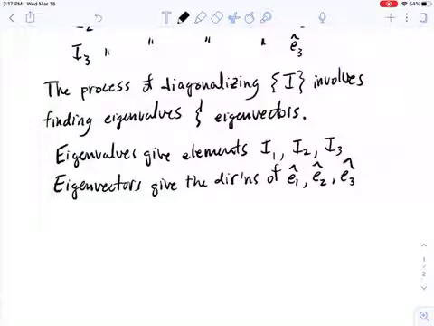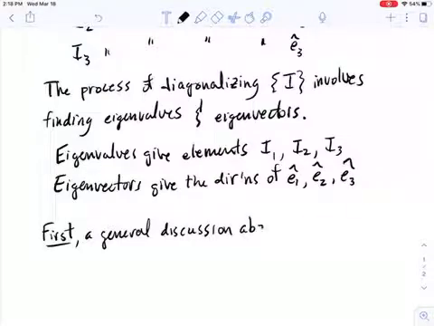So don't tell your math profs, all right? So first, what we're going to do is a general discussion about matrix diagonalization.